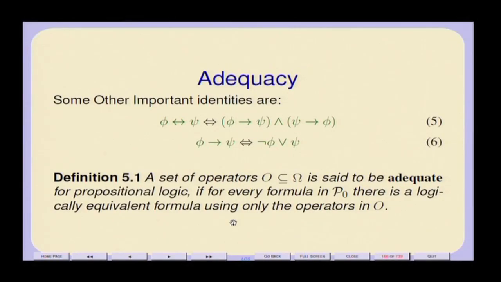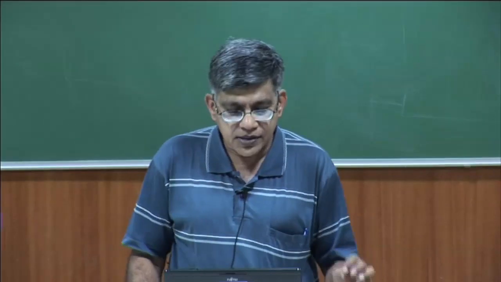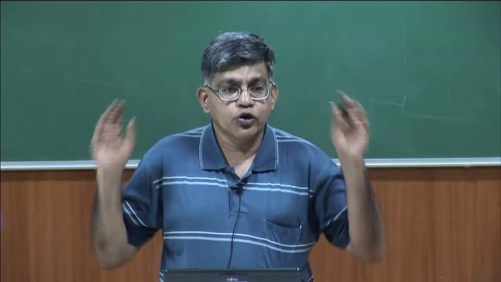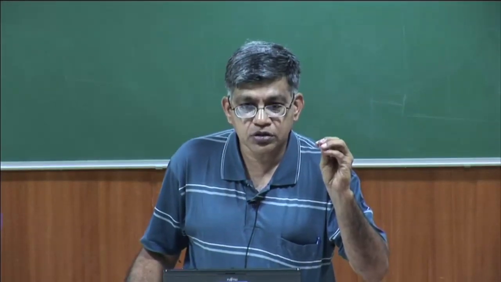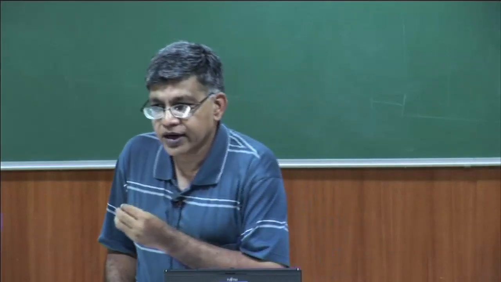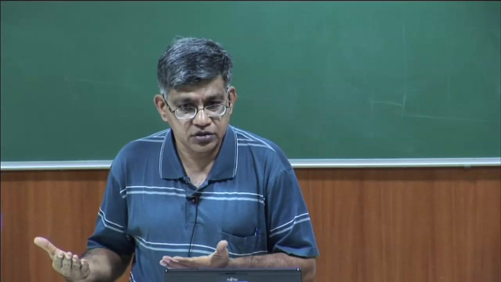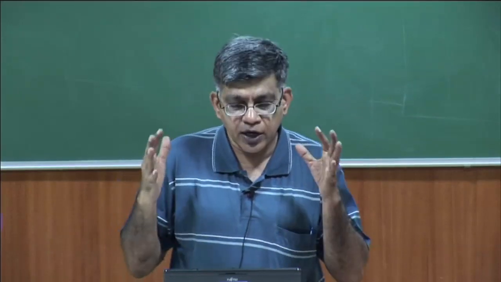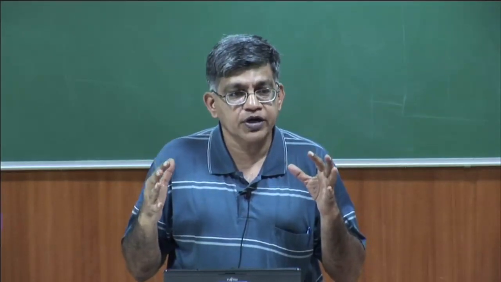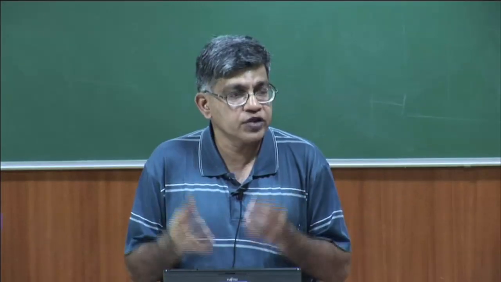So, all I am saying is my propositional logic consists of the two constants bottom and top, a unary operator negation, and the 4 binary operators and, or, conditional and biconditional. And when I look at adequacy of a set of operators, I am looking at it from the point of view of this set.